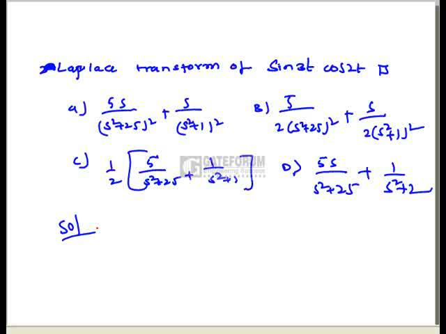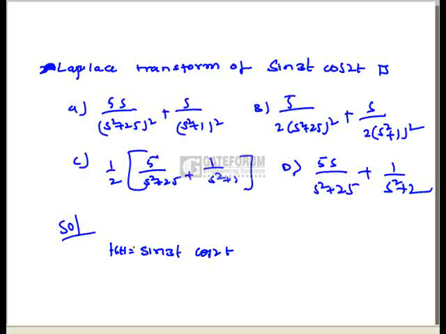If you want to directly solve this, it is very difficult, so we can convert this sine 3t cos 2t into a feasible form first, then apply the Laplace transform. So this is our f of t, and we have to find the Laplace transform of f of t, so we'll get F of s equal to something.